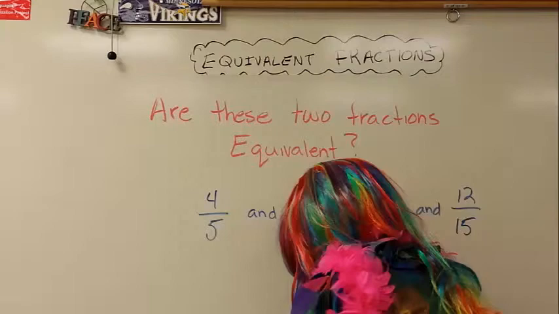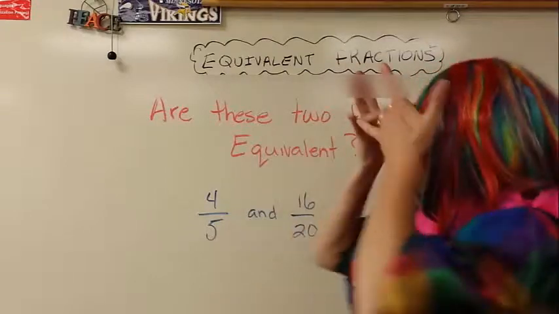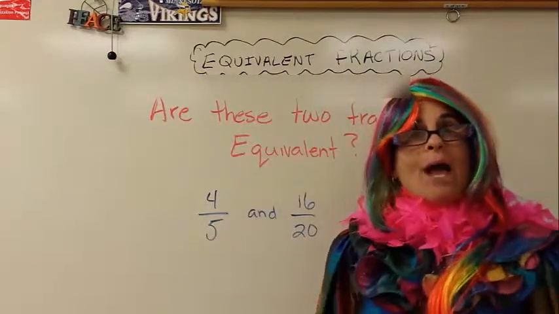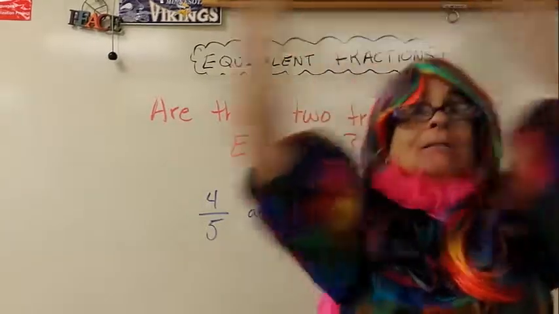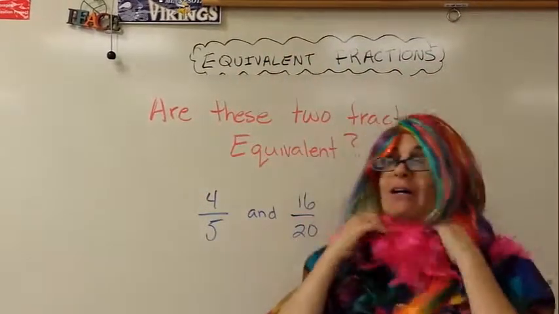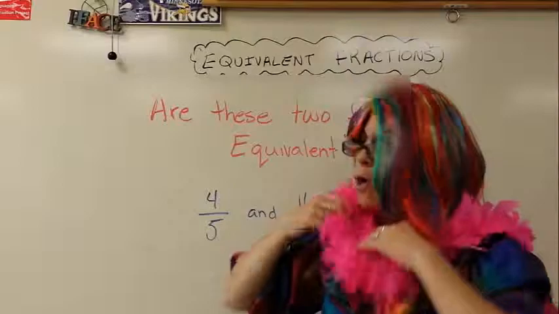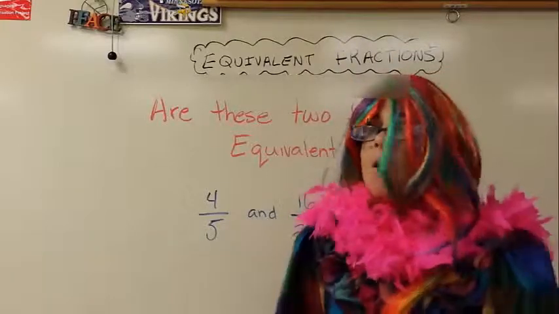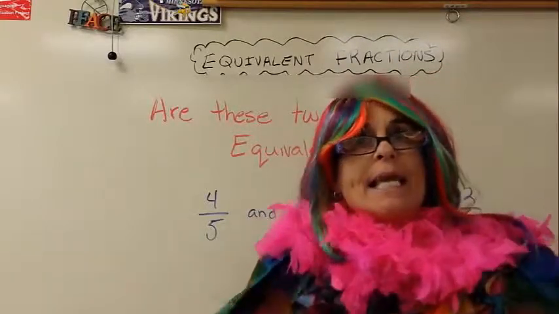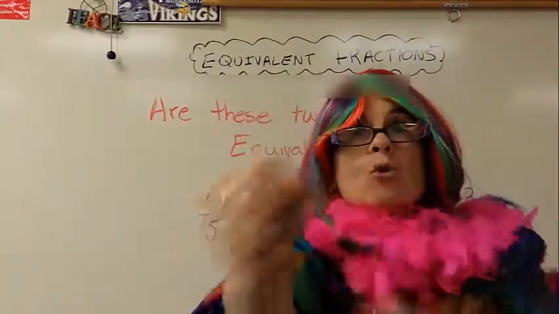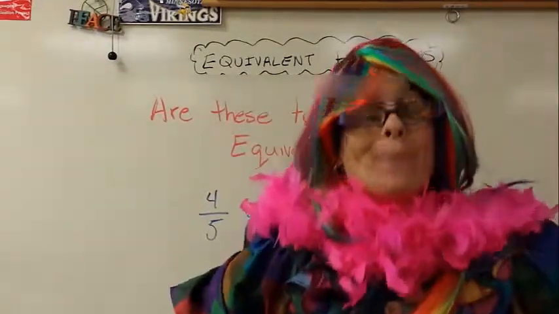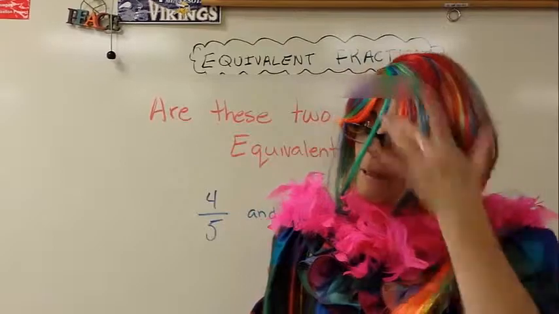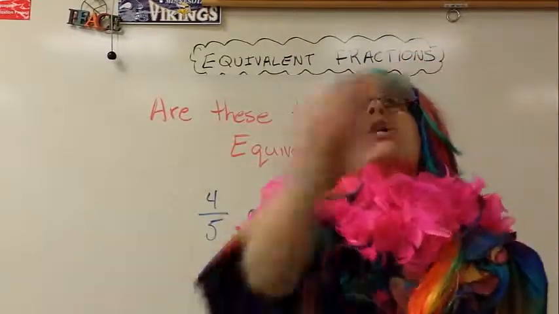So I'm going to teach you how to figure out if these fractions are equivalent. And the way you do it is... No, I'm not afraid of you, and I'm not trying to be Superwoman. What I'm doing is saying we need to criss-cross multiply. Try that again.